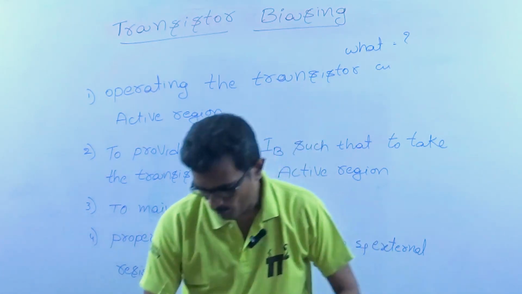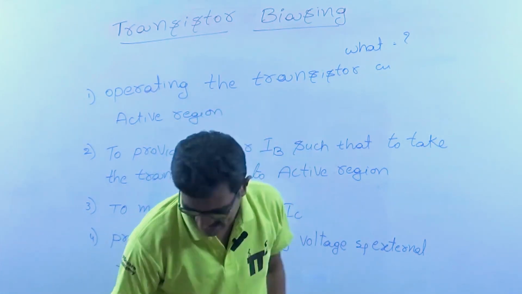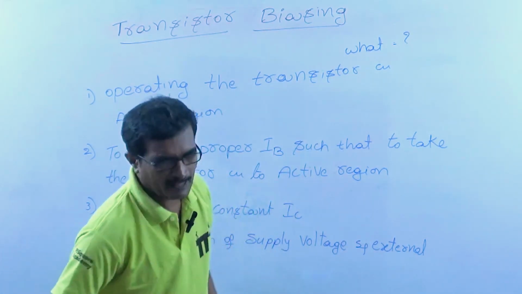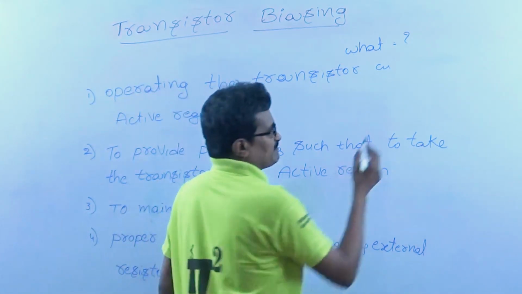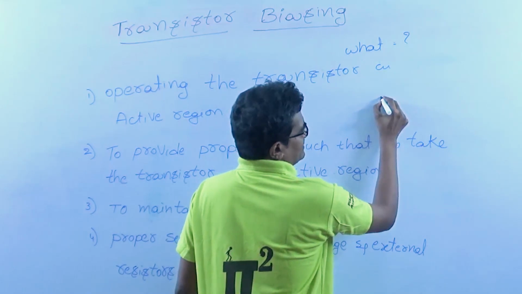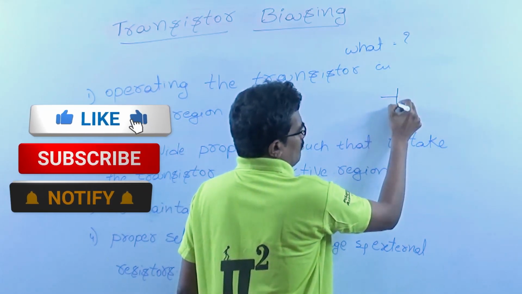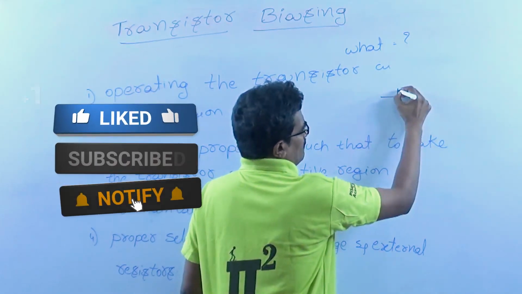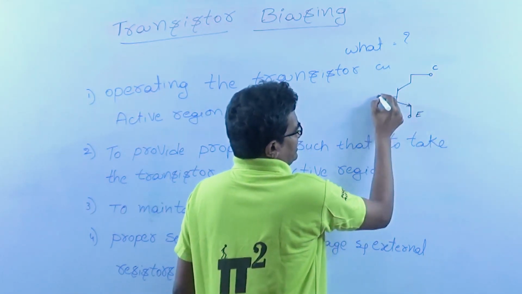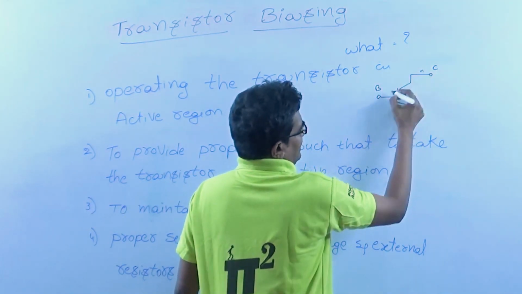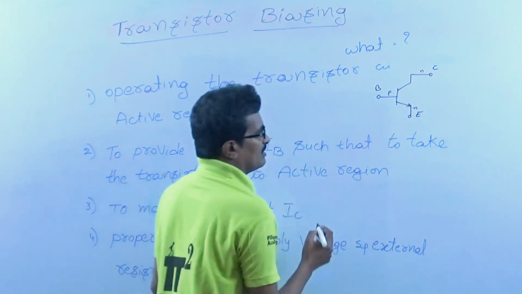Now let us take a simple transistor and connect it in the active region. See, this is my transistor: collector, emitter, base. It is an NPN transistor.